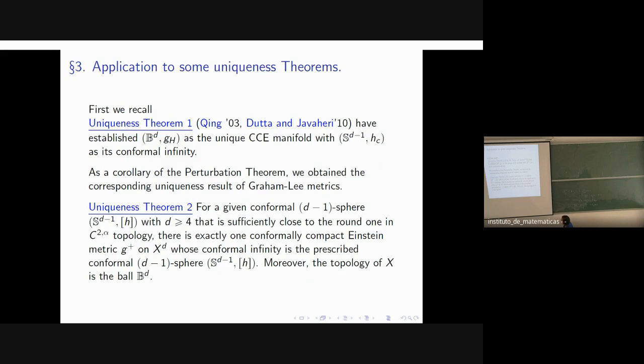And a consequence of this perturbation result is uniqueness theorem 2. Uniqueness theorem 2 says if you have a perturbation result for a metric h in a neighborhood of the canonical metric, Jack Lee and Robin Graham's extension is also unique. The reason is that the metric they constructed is in a perturbation neighborhood of the hyperbolic ball.